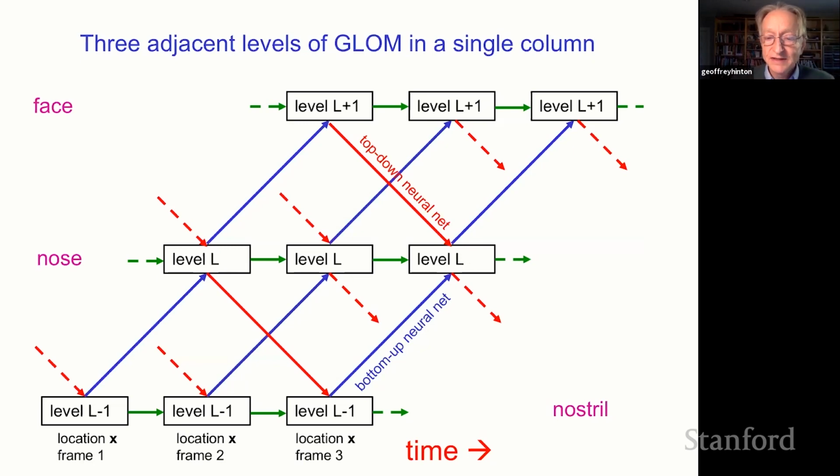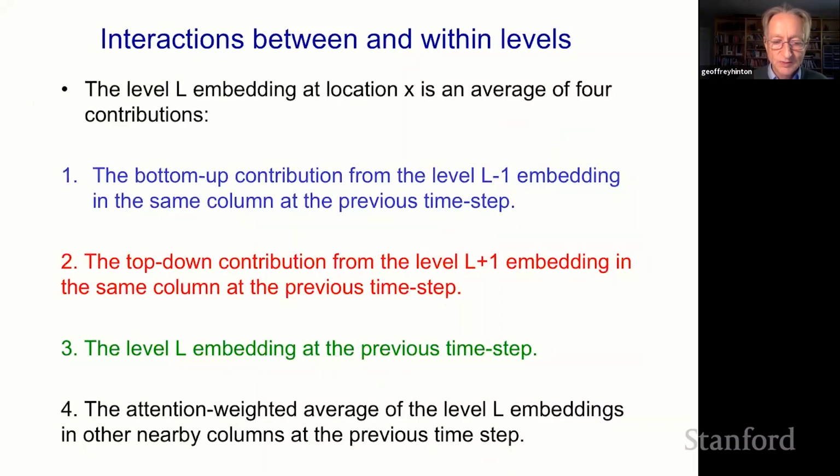So those are 3 things that determine the level and embedding, but there's one 4th thing, which is in black at the bottom there, and that's the only way in which different locations interact, and that's a very simplified form of a transformer. If you take a transformer, as in BERT, and you say, let's make the embeddings and the keys and the queries and the values all be the same as each other.